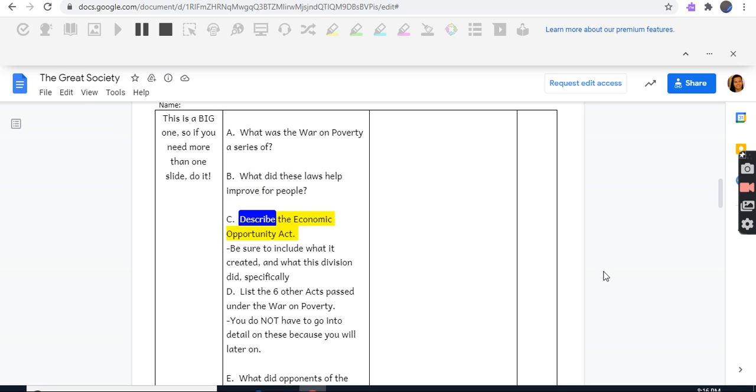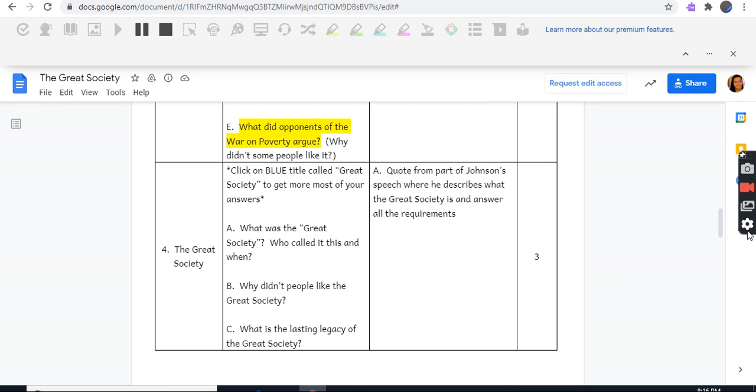C. Describe the Economic Opportunity Act. Be sure to include what it created and what this division did, specifically. D. List the 6 other acts passed under the War on Poverty. You do not have to go into detail on these because you will later on. E. What did opponents of the War on Poverty argue?